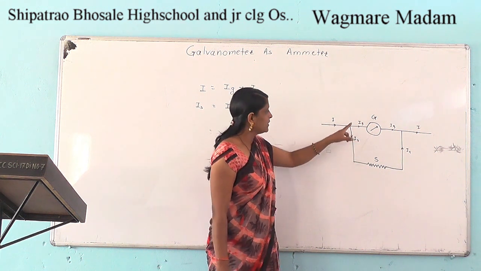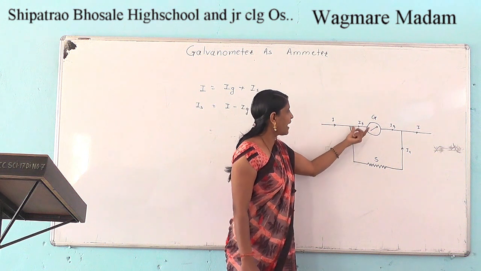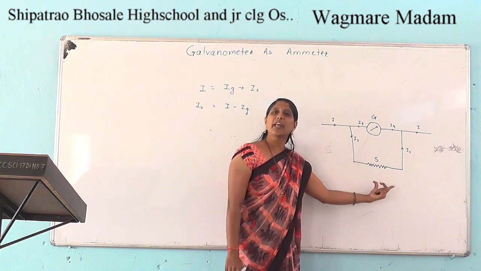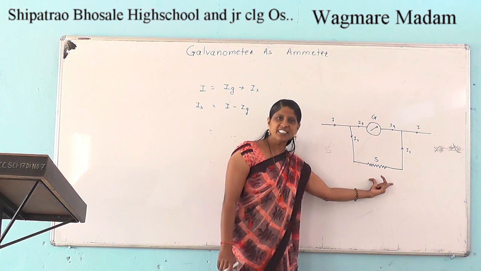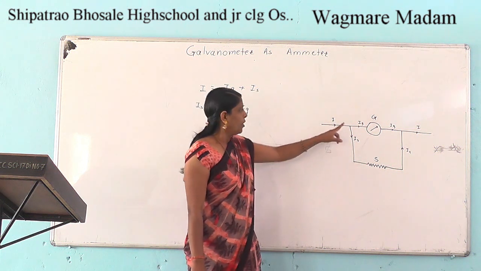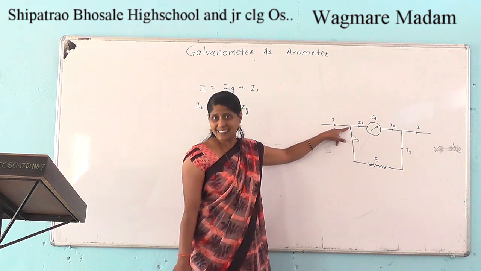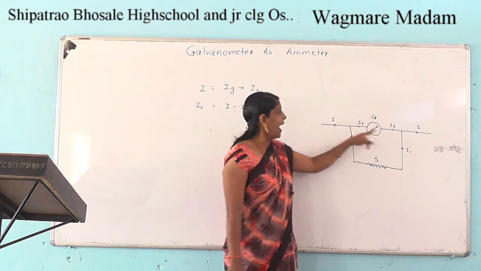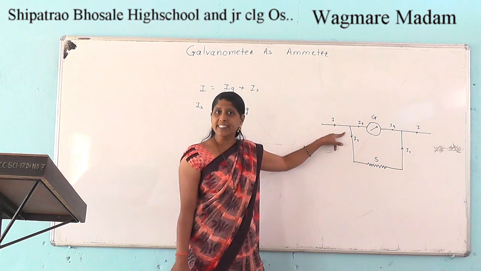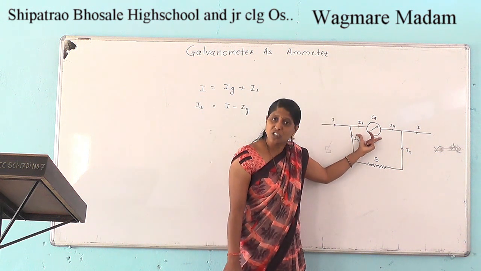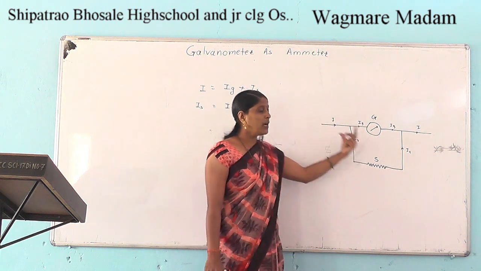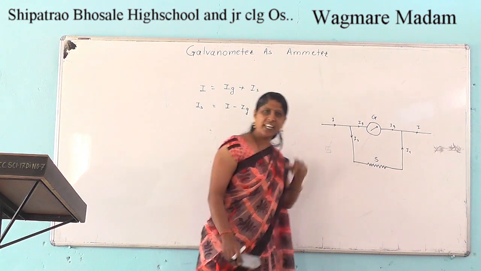It means that the potential difference across the galvanometer and the potential difference across this resistance will be the same, because the galvanometer and resistor are connected at the same points. Therefore, the potential difference across the galvanometer is equal to the potential difference across the shunt.